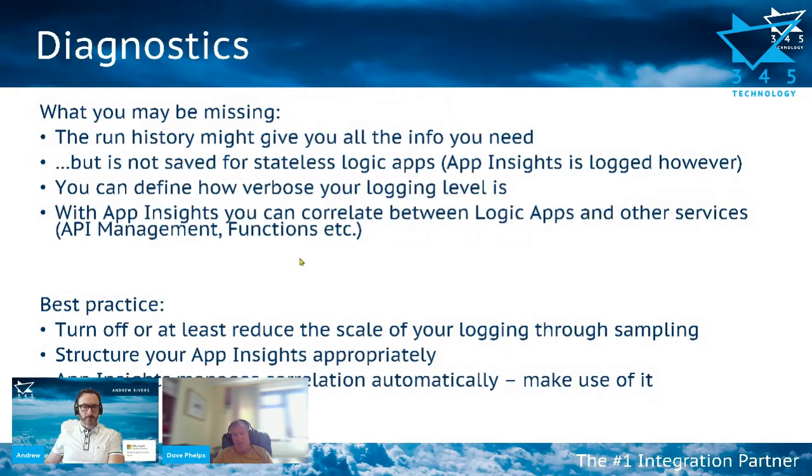So one could be extremely noisy, in which case you could sample most of that data out, but the correlation token still flows, even though sampling's turned on. So you can have a chain of services with completely different levels of sampling, as is appropriate for your application.